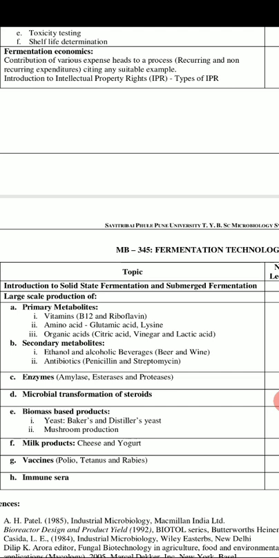Then the fourth point is your microbial transformation of steroids. Now the Greek word steros means solids, and these steroids are the organic compounds derived from alcohols which are widely distributed in the animals and the plant kingdoms.